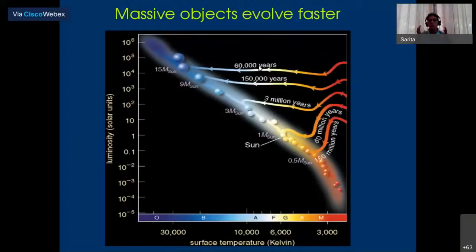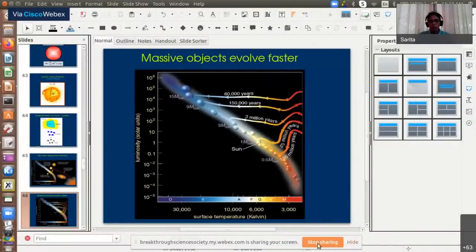The pre-main sequence evolution time scales are much shorter than for low mass stars. And again, this is all related to the physics happening within the interstellar medium and the collapsing core. Okay, so I will stop with this for today, and I will take any questions that you may have.